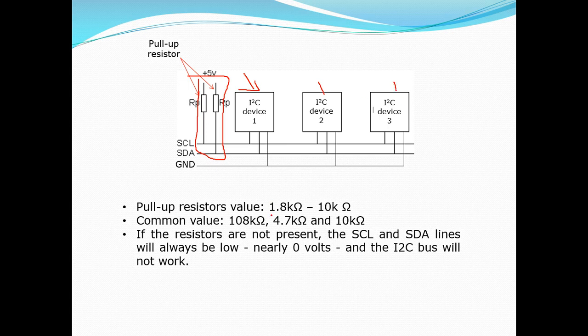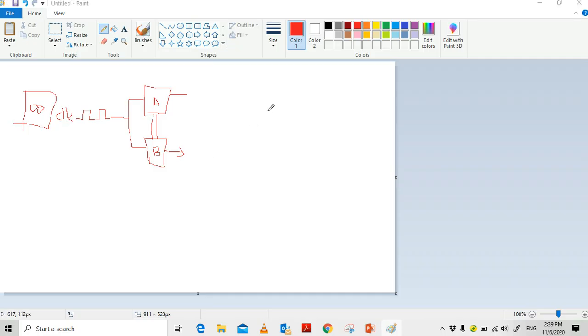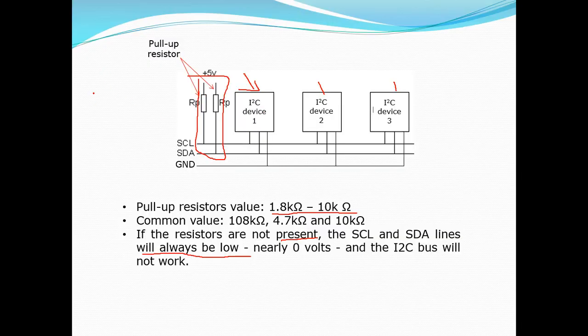The pull-up resistor value is usually 1.8 to 10 kilo ohm. You can measure it. If the resistor is not present, the SCL/SDA line will always be low. So you must have the pull-up resistor. I think in the switching lab it is already covered, how the pull-up resistor is required.